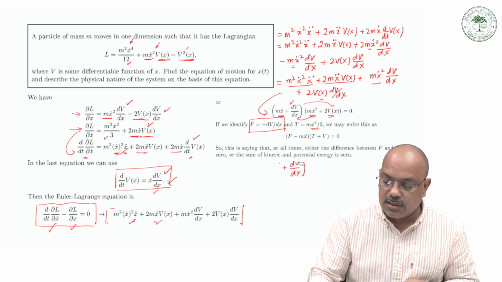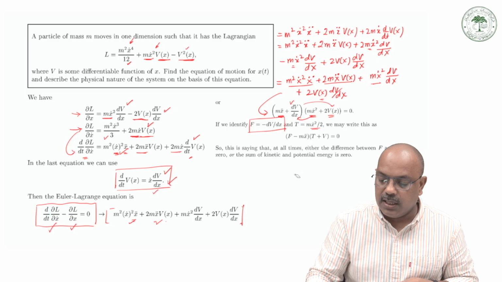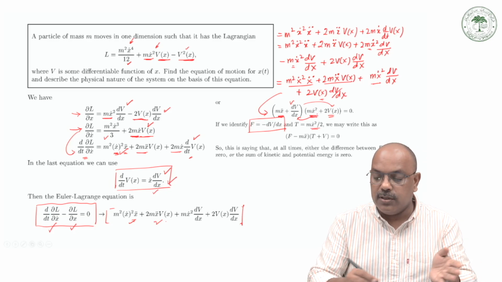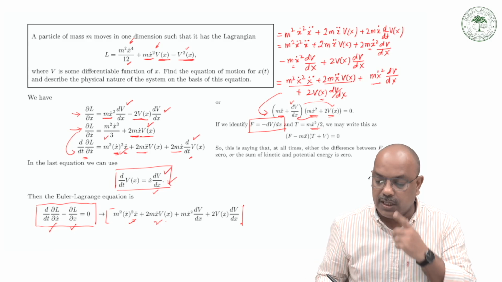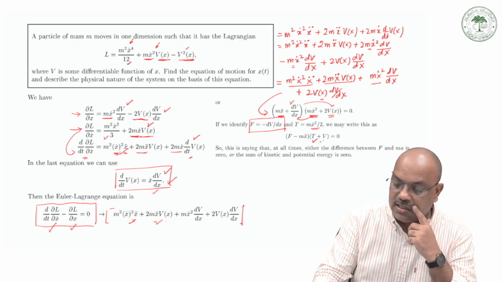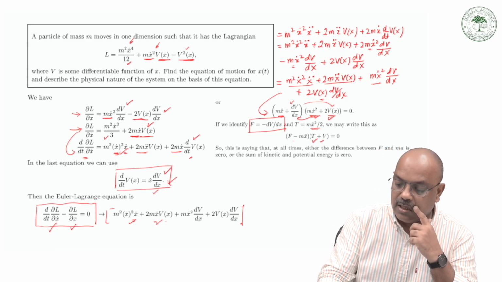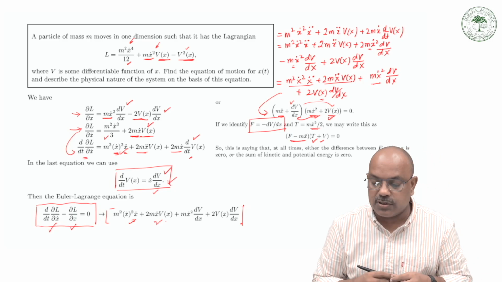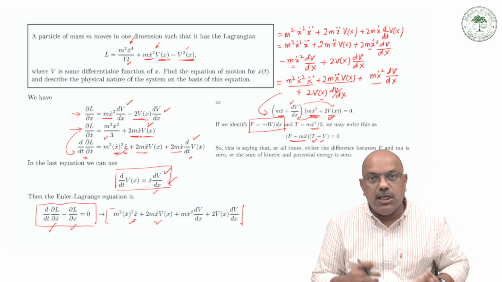So it's clearly visible from here that this is m x dot square. If you take the two common, this is half m x dot square plus V(x). So this is the kinetic energy term, and this is the potential energy term, and this is the force, and this is again m x double dot against the force. So these two can be equally zero.